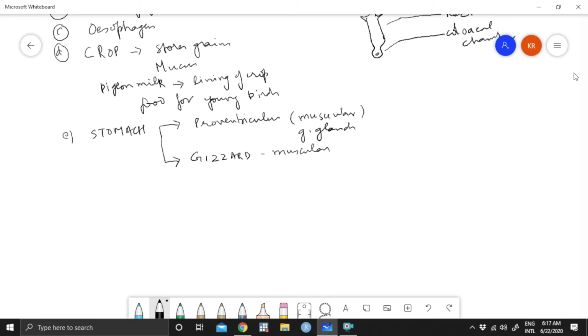This gizzard is muscular, and the gizzard interestingly contains small stones that the bird eats. It intentionally eats these small stones or sand, which helps to grind the food.